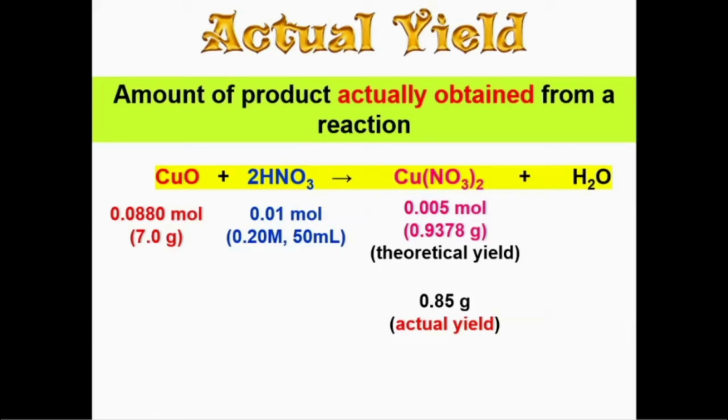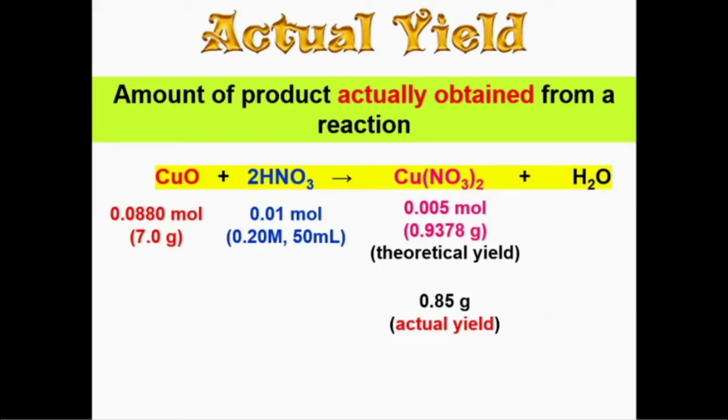Remember, 0.9378 grams is the mass of copper nitrate that we should get based on the moles of copper 2 oxide and moles of nitric acid that we have.